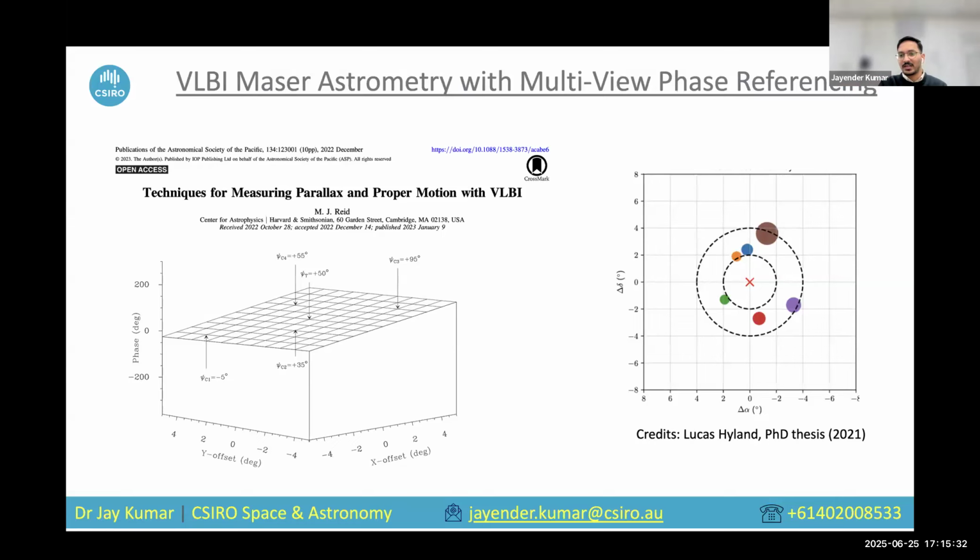The first ring is, I think, up to 2 degrees. The second one goes up to 5 degrees or something like that. And we have achieved a 10 microarcsecond level of accuracy.